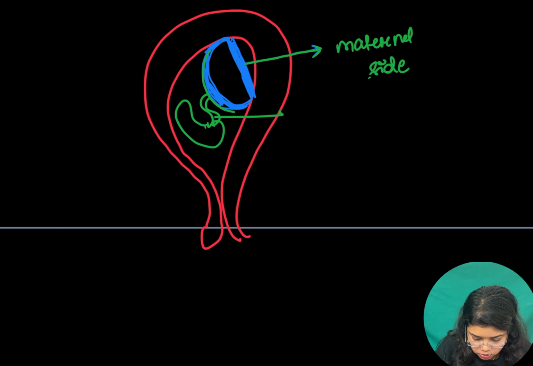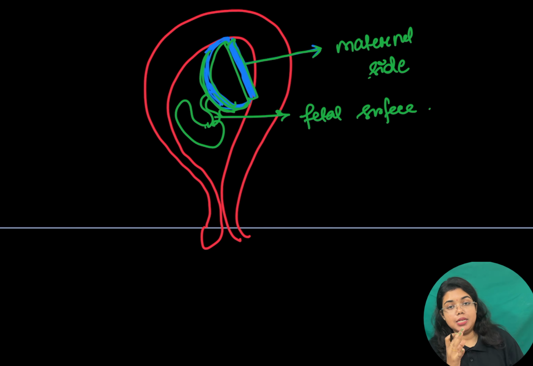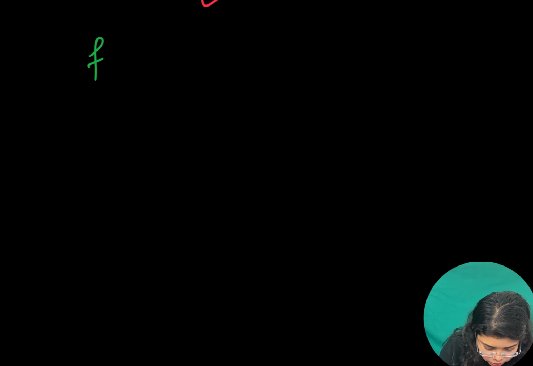So this is the fetal surface. Understood? This one is the maternal part and this is the fetal part. This is how the placenta is attached to the endometrium. Now we will understand how the placenta is formed.